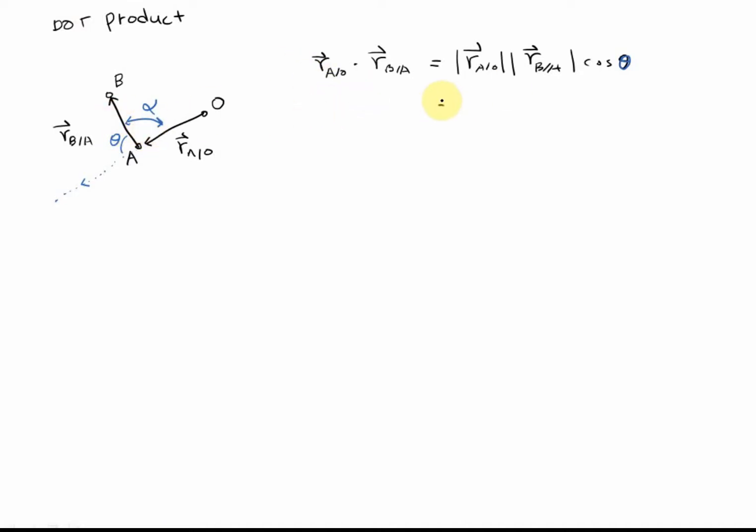So that's why you can just write here cosine of 180 minus alpha. So if alpha is of your interest, then you just use these equations to get alpha.